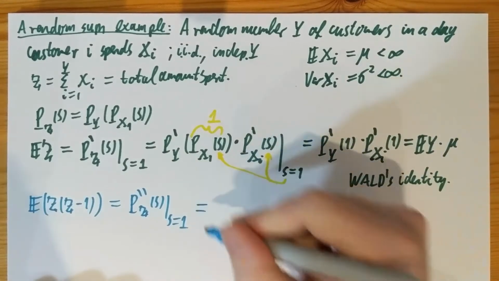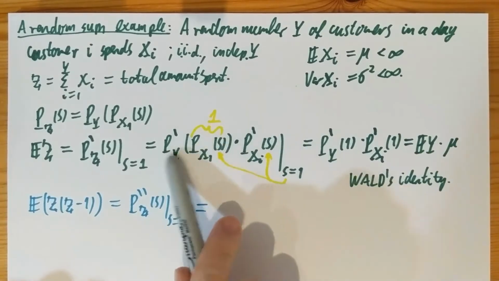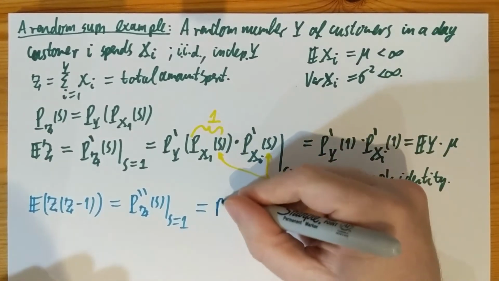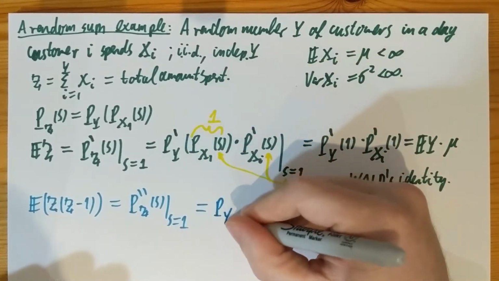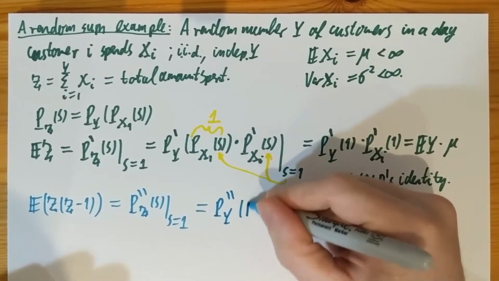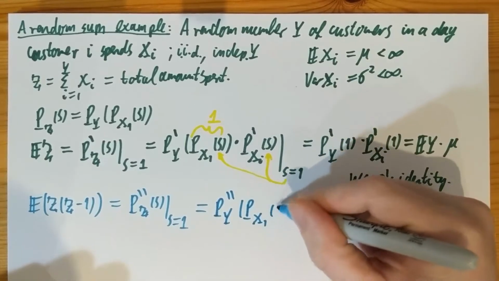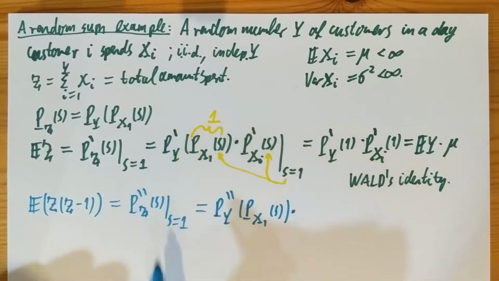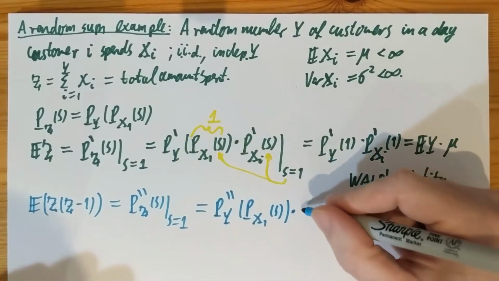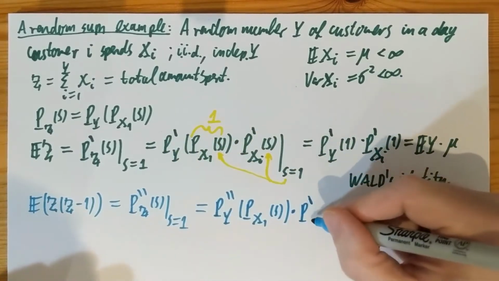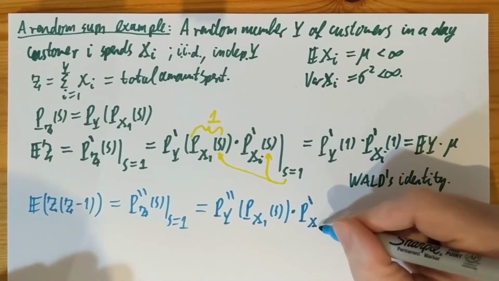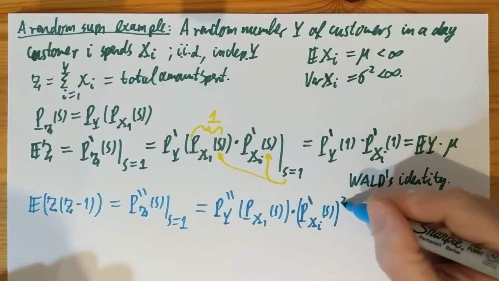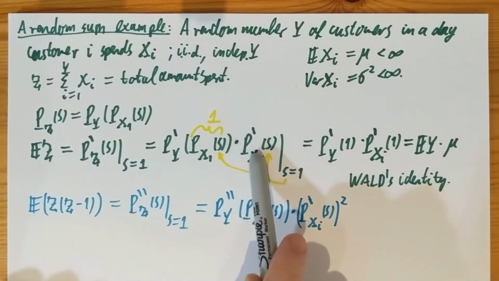So let's do that. What I see here is a product, and I need to differentiate the product first. So I'm going to start by differentiating the first factor, and that gives me a second derivative of P_Y. But then again, it was a composite function to start with in this first factor. So I'm again going to have a first derivative of P_X, and I had another of that, so it's going to be the square of the first derivative, together with the second factor.